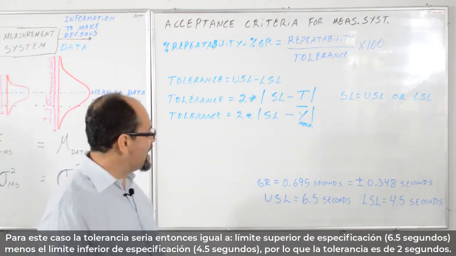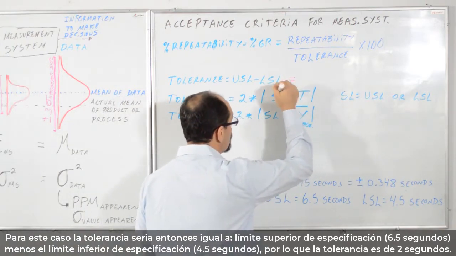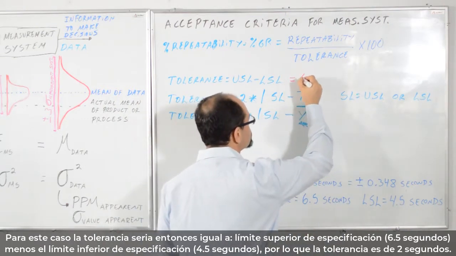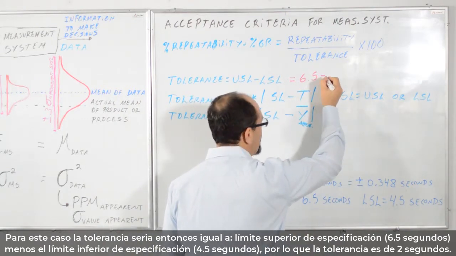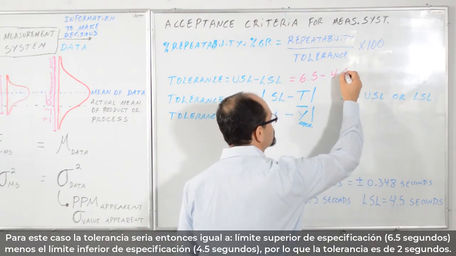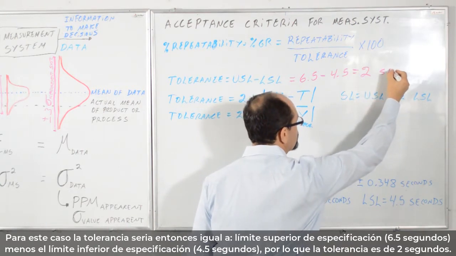For that case, the tolerance will be equal to the upper specification limit, 6.5 seconds, minus the lower specification limit, 4.5 seconds. Then the tolerance is 2 seconds.